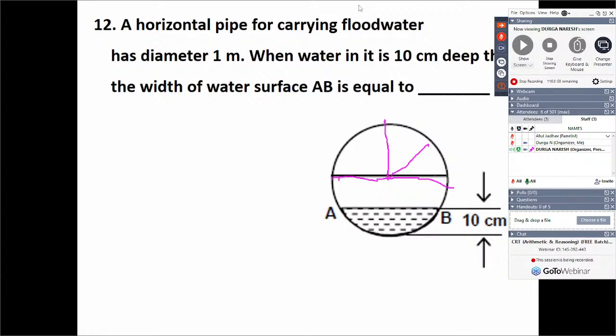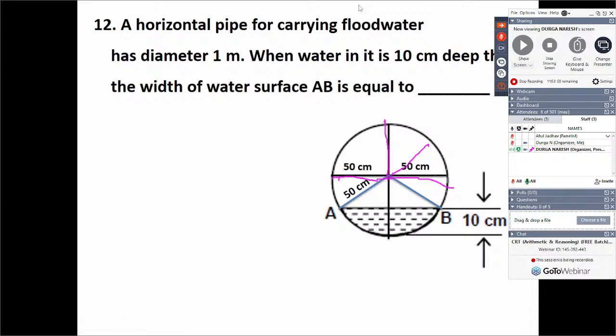Whenever the diameter is 1 meter, nothing but 100 centimeters, the radius is 50 centimeters. So let us assume the center point is O. OA is one line, that is also a radius. OB is another line, that is also a radius. Radius is clearly 50 centimeters.